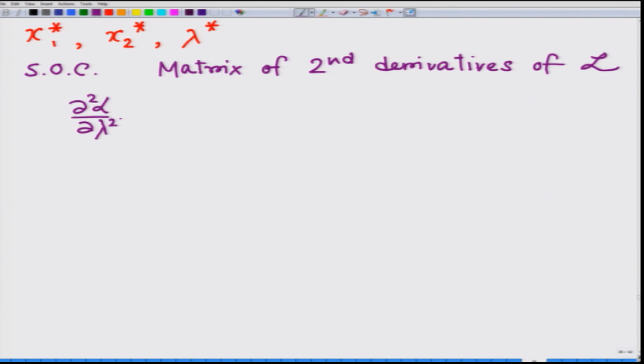So, we first concentrate on the third first order condition, which is basically can be obtained by taking derivative of the Lagrangian function with respect to the Lagrange multiplier. So, we first focus on that constraint and then we will differentiate with respect to lambda, x1 and x2.